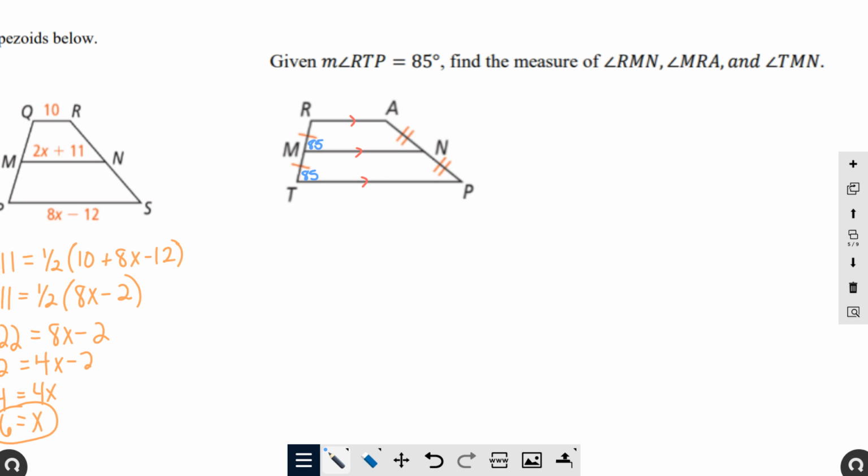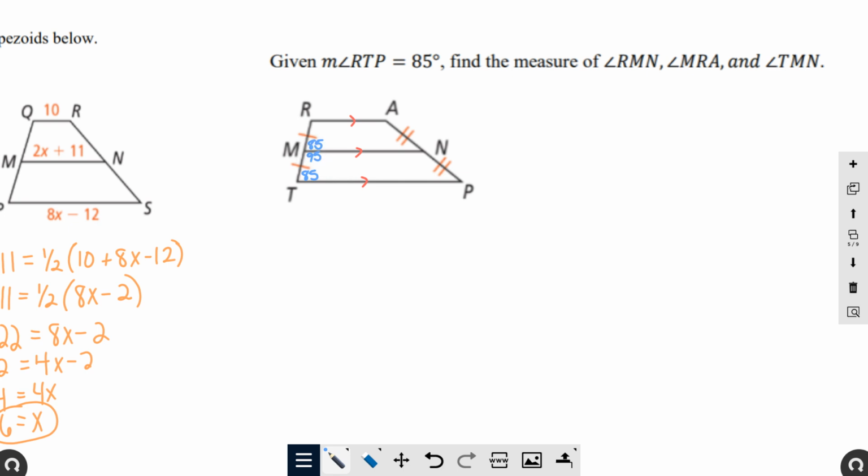Now, we could also find the angle below M. How is the angles at M related? They should be what? That's right. They should be supplementary. They should add up to 180 because right there at M is a straight line. So if this is 85, then this one is 95.